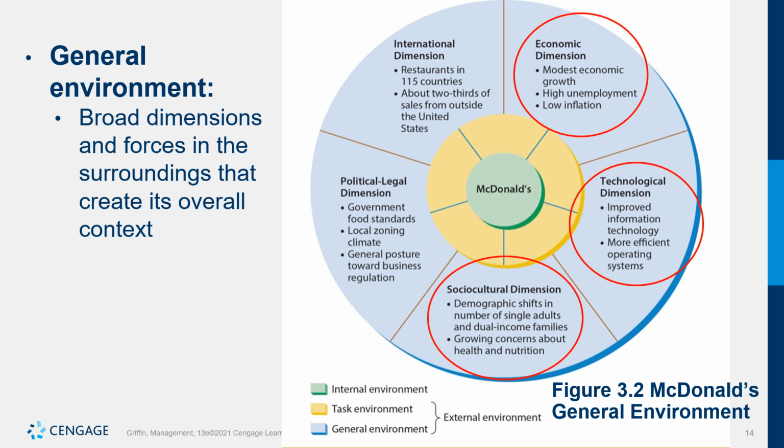Remember that McDonald's is a fast food chain and their products does not really promote healthy and nutritious eating. The political legal factors that affect their business include government food standards, local zoning climate, general posture towards business regulation. The international dimension includes considerations for their restaurants present in 115 countries, which about two-thirds of sales are from outside their main United States headquarters. These factors exist outside of McDonald's, not under their control, but can affect their organization and their business.